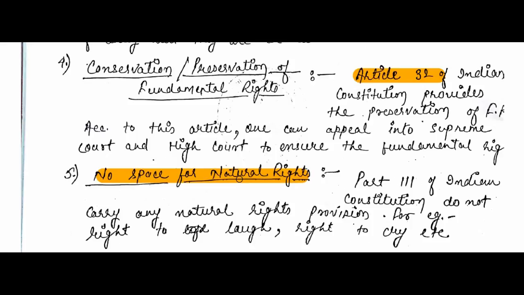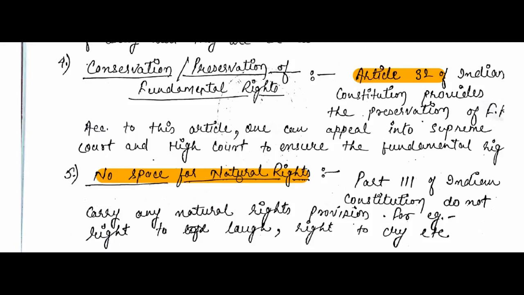But what does it mean by natural rights? Natural rights means any right of a person which comes naturally. Like laughing, it is natural. No one can stop you from laughing. No one can stop you from crying. No one can stop you from showing your emotions, or the right to expression that we read in fundamental rights, about right to expression, speech.